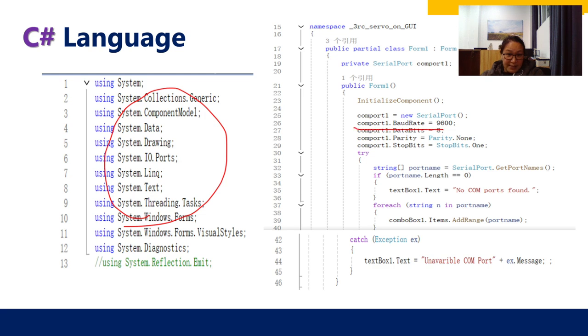Then we can see from this that it creates a new instance of the serial port class, sets the baud rate to 9600, sets the number of data bits to 8, sets the parity to none, and sets the number of stop bits to 1.